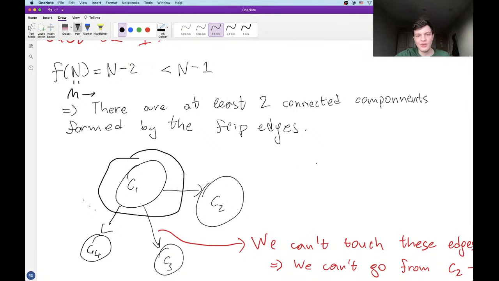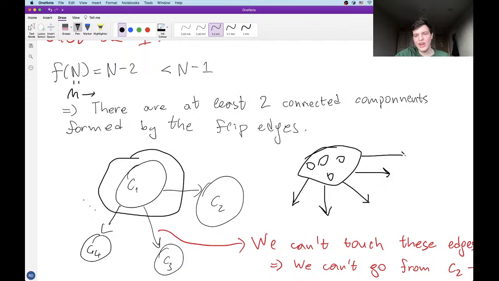We look at the vertices in the component of C1, and we will construct all of the edges to the other components to be directed like that. In a way, we'll have an edge from every vertex here to every vertex in every other component.